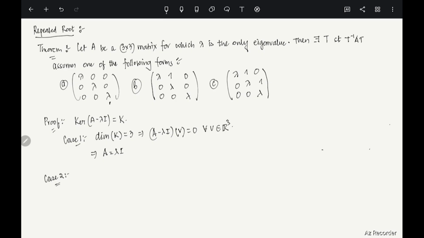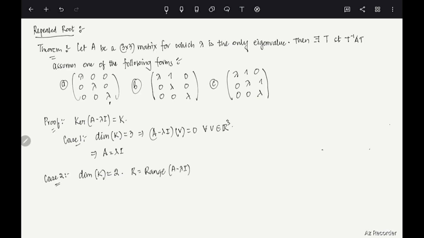Case 2. Now let's say that the dimension of the kernel is 2. Now what happens is, we define R to be the range of A minus lambda I. Clear?